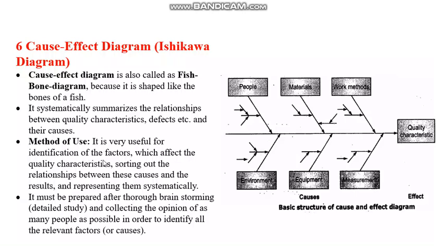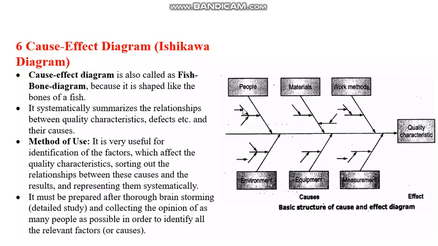The method of use: this is useful for identification of the factors which affect the quality characteristics, sorting out the relationship between these causes and the results, and representing them systematically. If you draw this systematically, you will be able to come to the exact cause because of which this quality characteristic is being affected.